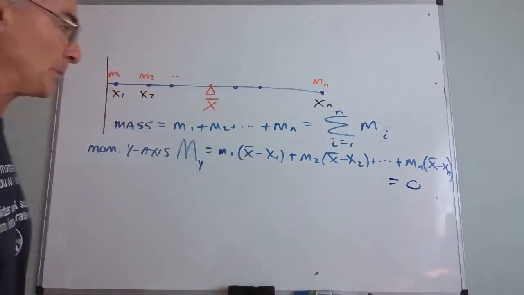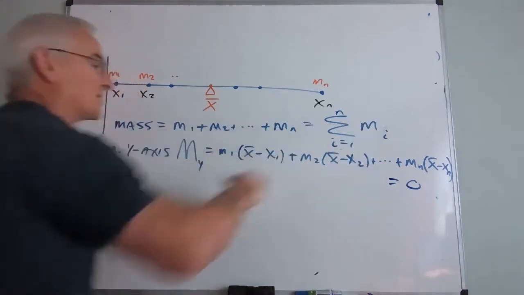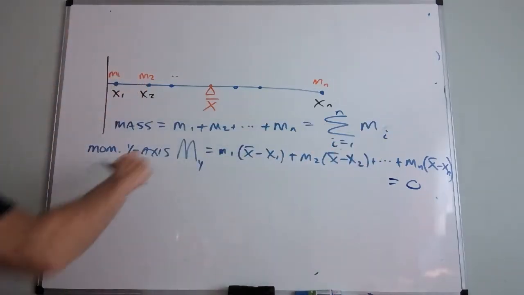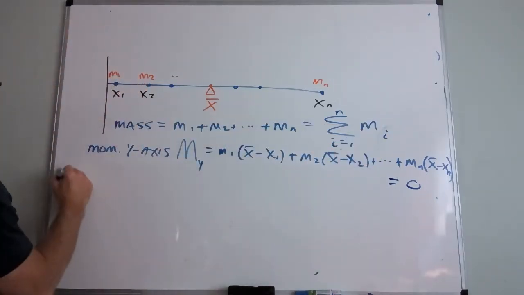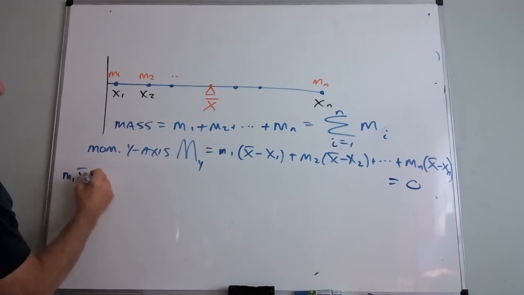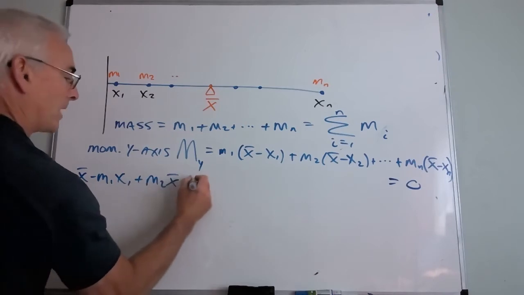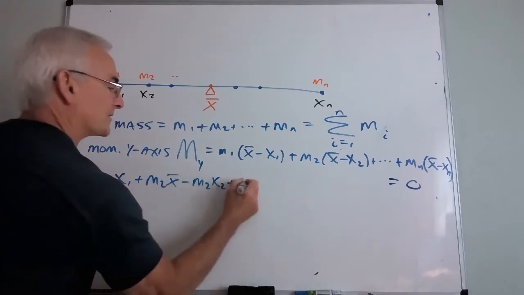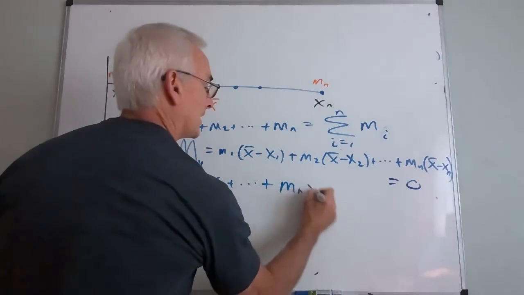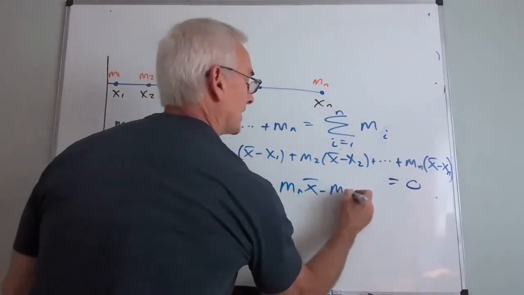This is a very simple process. So if I go ahead and distribute this, I'm going to see m1 x bar minus m1 x1 plus m2 x bar minus m2 x2 plus all the way to the end mn x bar minus mn xn.